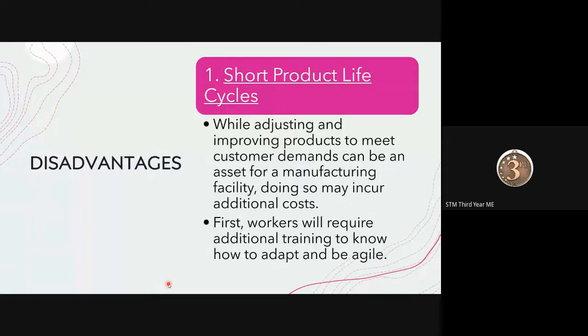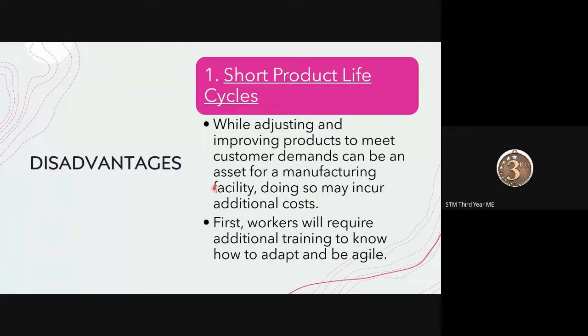So its product life cycle is being shortened. This is why it has a shorter product life. And you can see here, while adjusting and improving products to meet customer demands can be an asset for the manufacturing facility, doing so may incur additional cost. So that is also another disadvantage incurred during short product cycles.